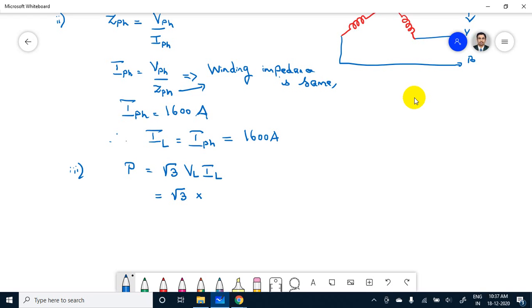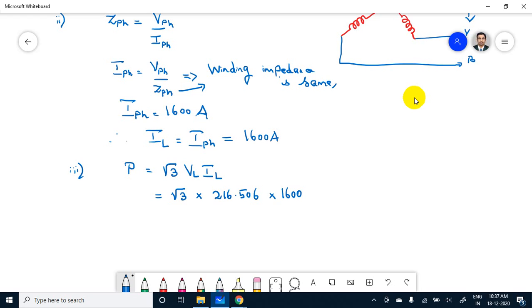What is the VL value? 216.506 into IL, 1600. So how much does it come to?